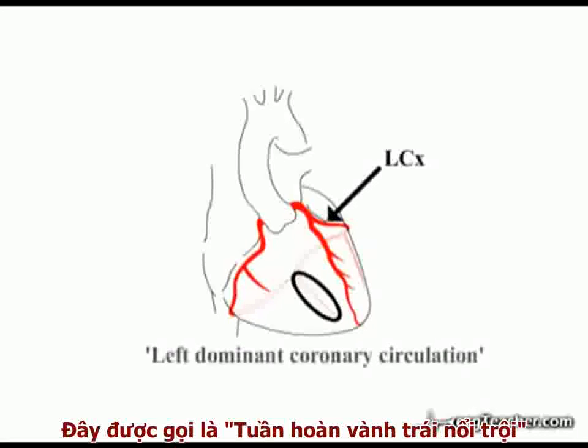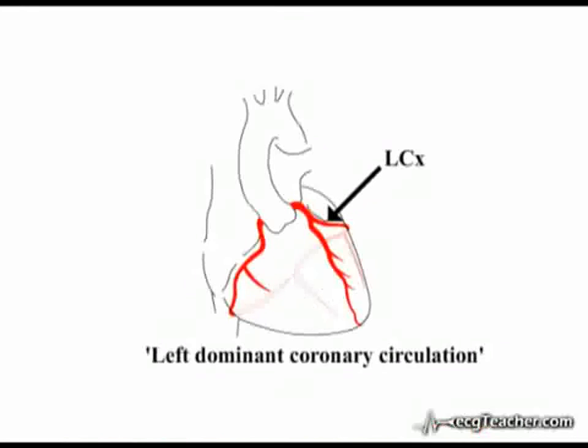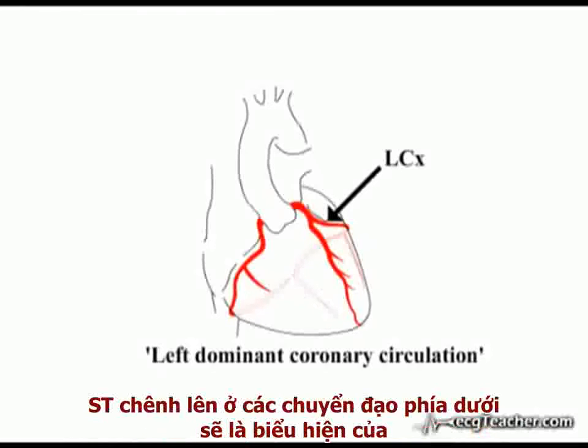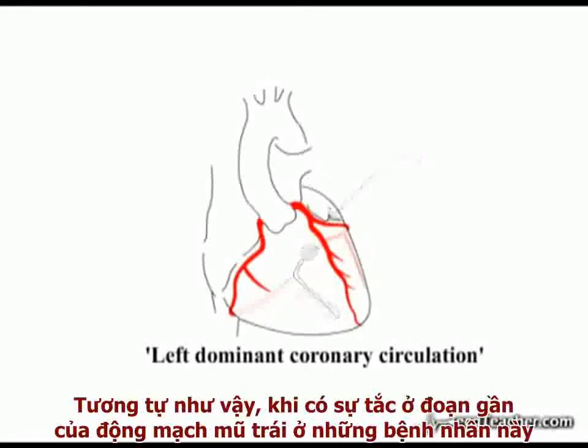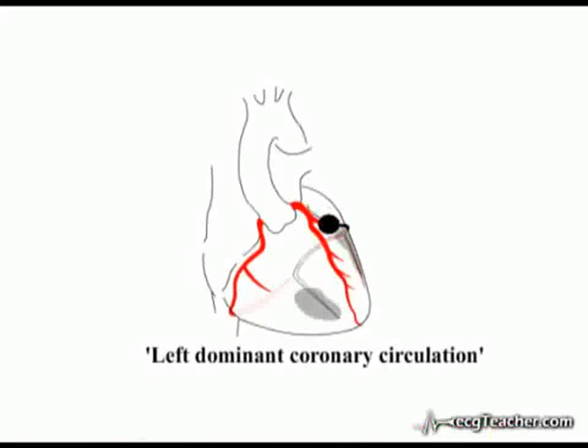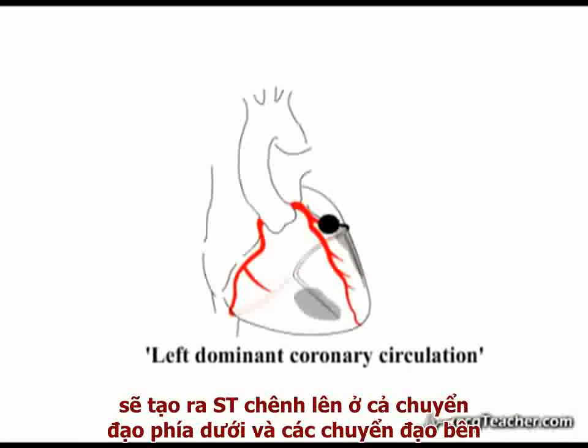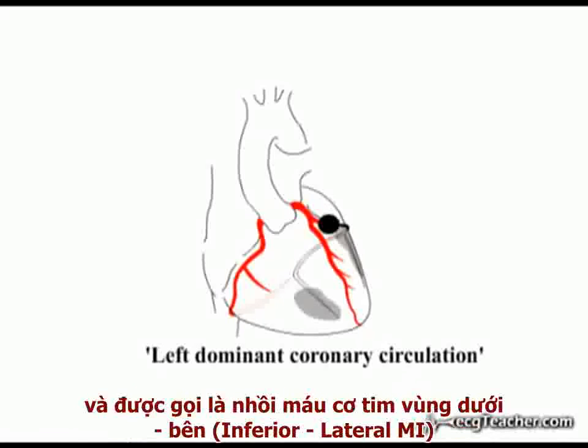This is termed a left dominant coronary circulation. In such an individual, an inferior pattern of ST elevation indicates obstruction of the left circumflex. Equally, proximal obstruction of the circumflex in such an individual will produce ST elevation in both the inferior and lateral leads, and infralateral MI.